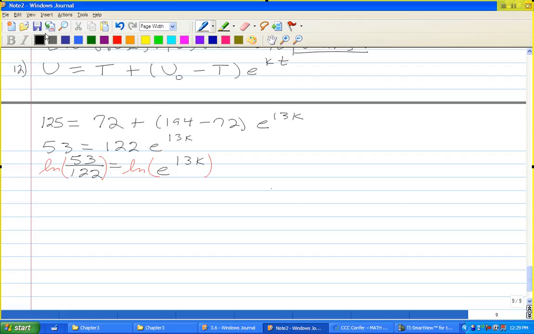And so I get ln 53 minus ln 122 is equal to, since e to any exponent is just the exponent, 13k. So divide both sides of your equation by 13.